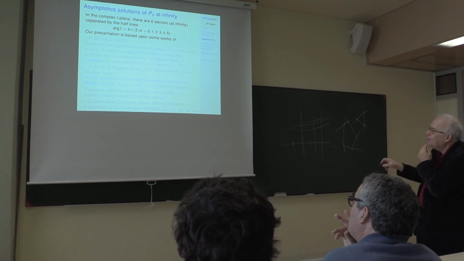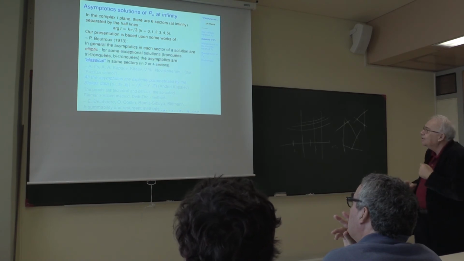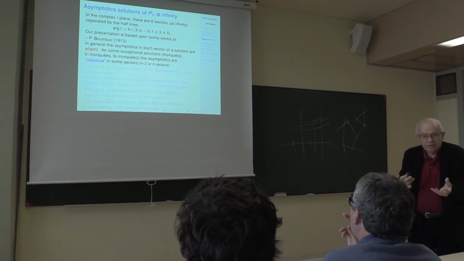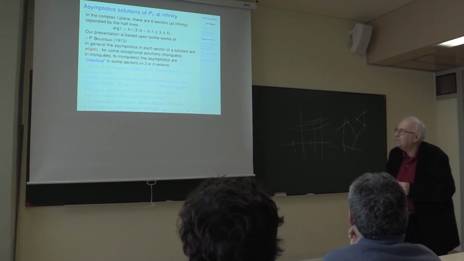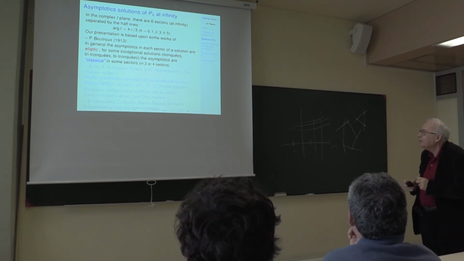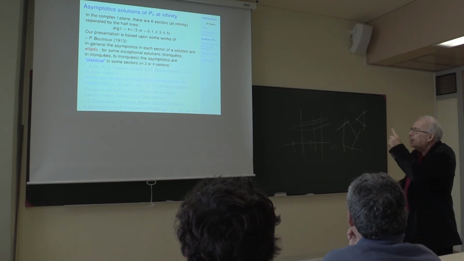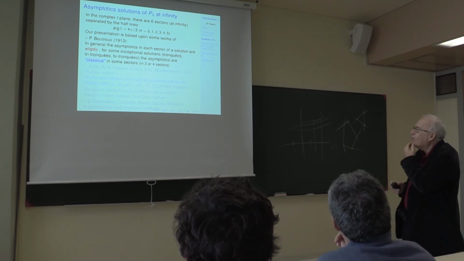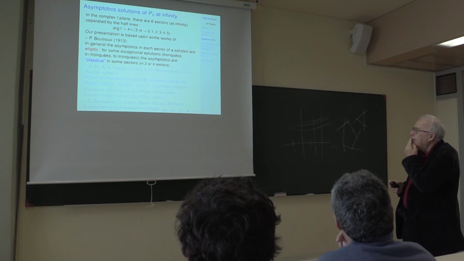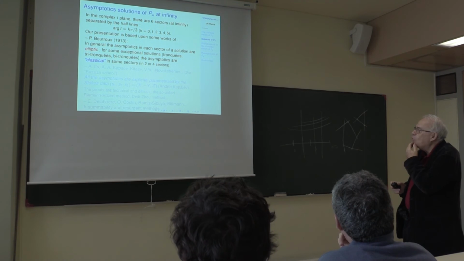So what about the solutions of P2? Now I return to the real equation of P2, the nonlinear differential equation. So in the complex plane, the time plane t, you have 6 sectors at infinity. And I start from the old work of Boutroux.